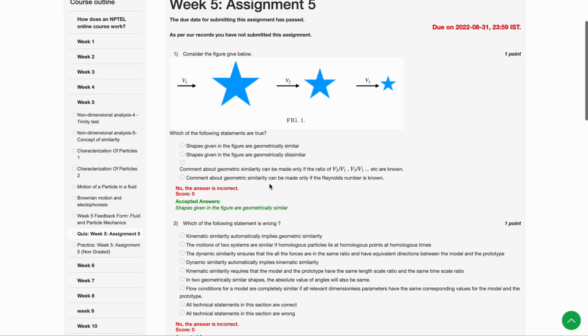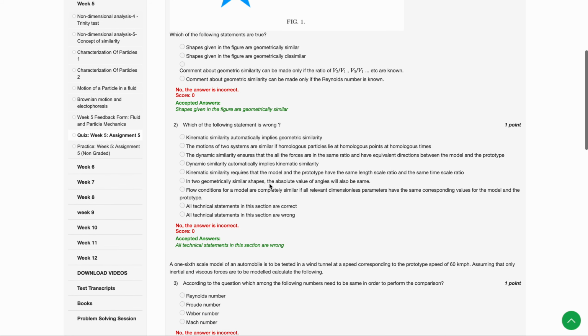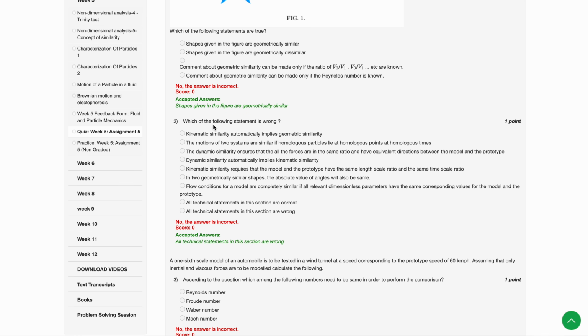Now let me go to the second one. It says, which of the following statements is wrong? The first: kinematic similarity automatically implies geometric similarity. This statement is right. When you have two kinematically similar problems, the geometric similarity is already built in.